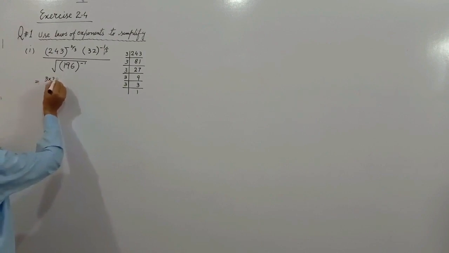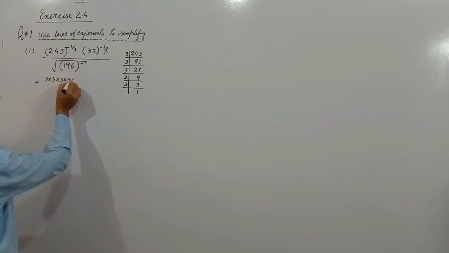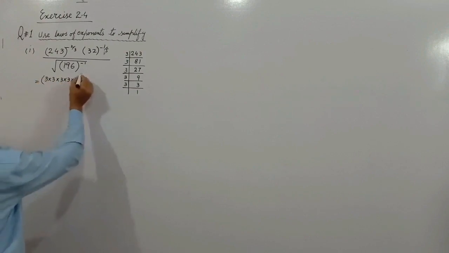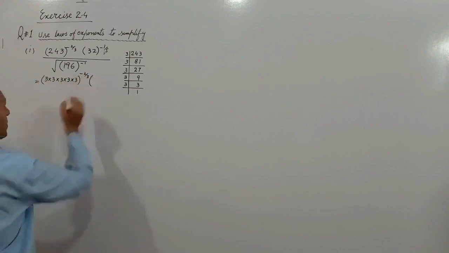So 3 multiply 3 multiply 3 multiply 3 multiply 3, whole power minus 2 by 3.